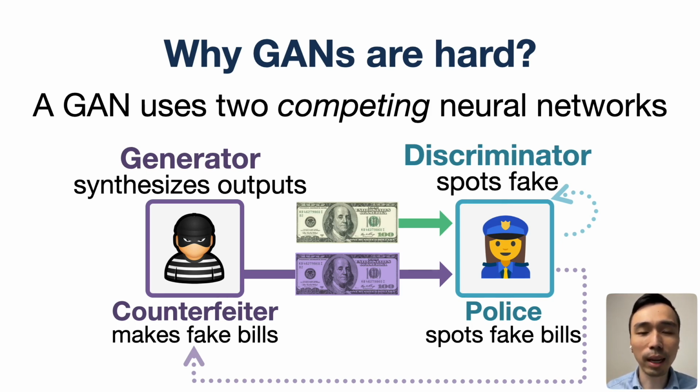And of course, the counterfeiter will improve over time. Once the counterfeiter gets caught, they think, okay, these are not good enough, so I'm going to make the fake bill look more realistic. At the same time, the police also improve, because as the fake bill looks more realistic, the classification task becomes harder, so the police need to become better at distinguishing. So this is what's happening conceptually.